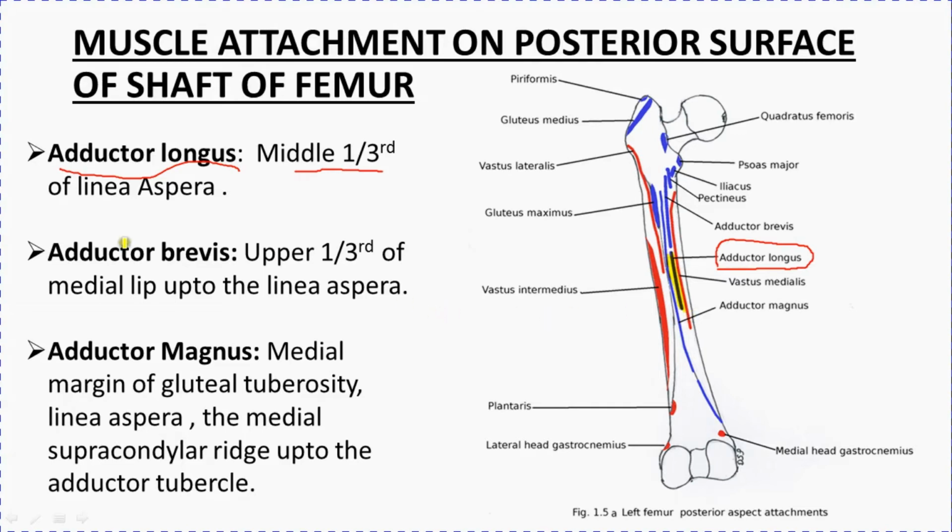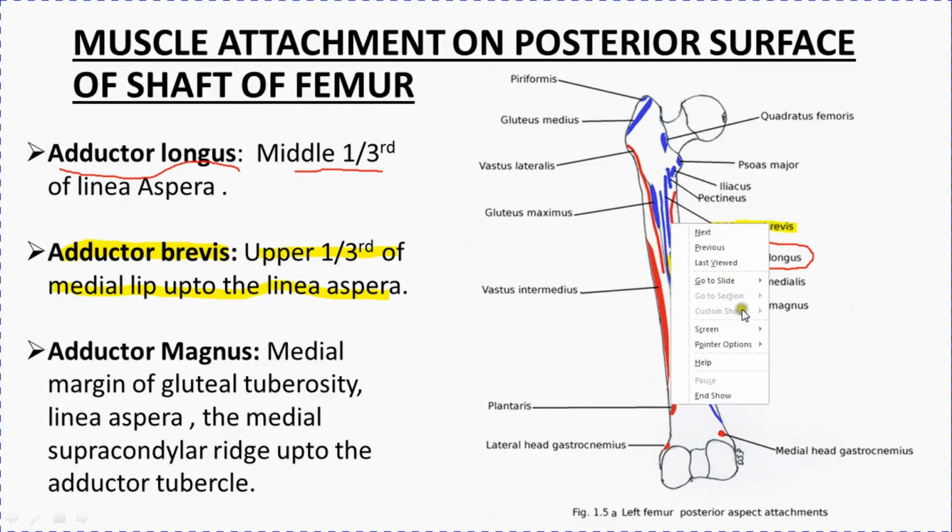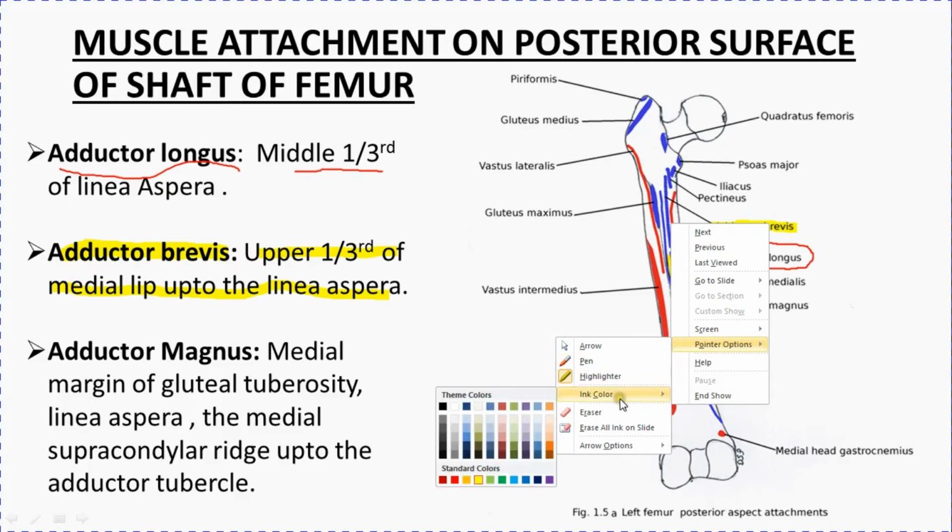The second muscle is the adductor brevis muscle. The adductor brevis muscle is arising from the upper one third of the medial lip up to the linea aspera. Now look over here, adductor brevis muscle. We will change the color of the highlighter so that it can become distinguishable.